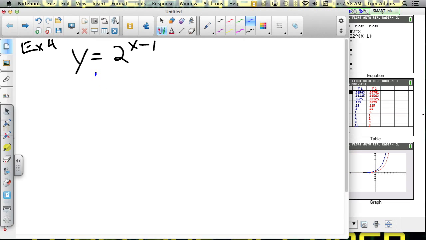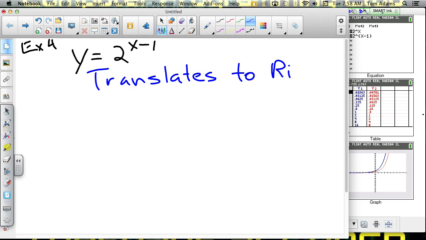Let's do another example. So this one, and I'm just going to write this in, this translates to the right. Similar scenario, except now I'm going to say 2 to the negative x.